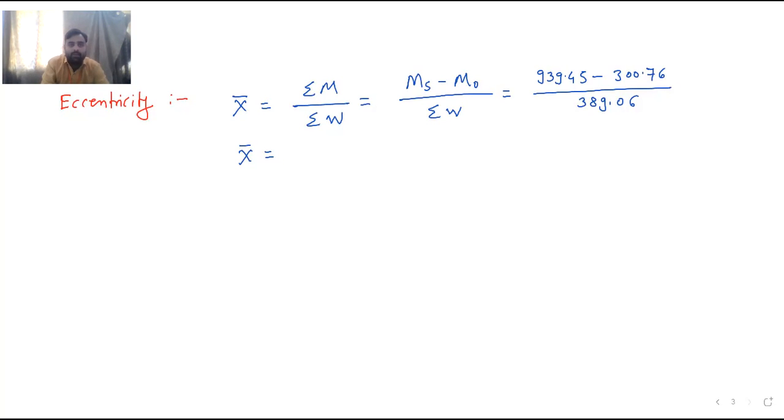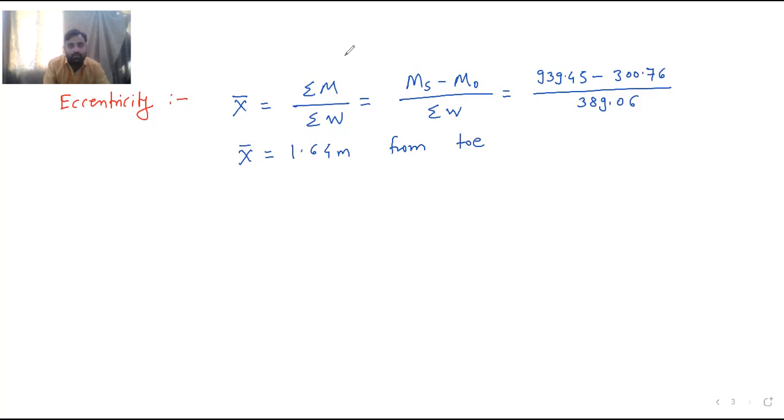Let me know the value of x bar. So this value is 1.64, 1.64 meter from toe.